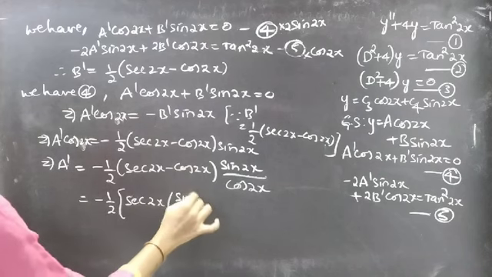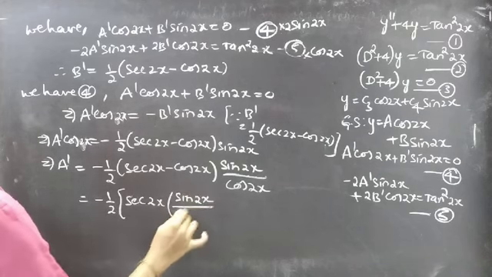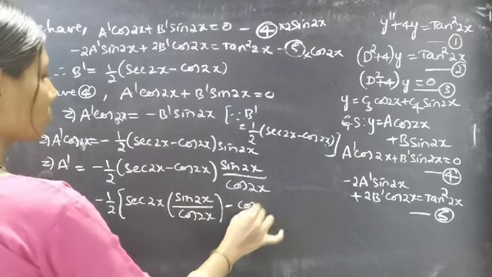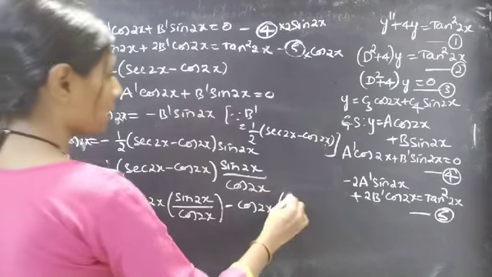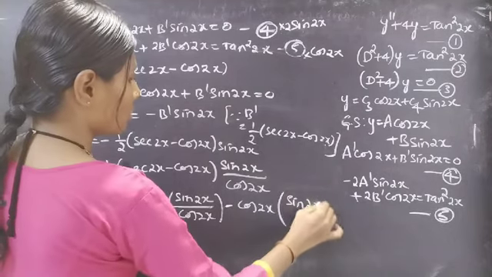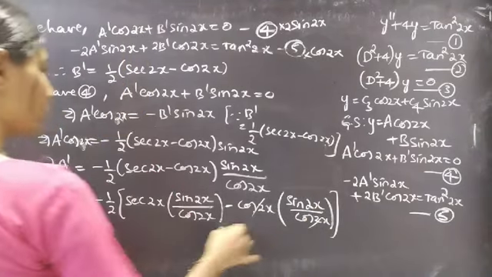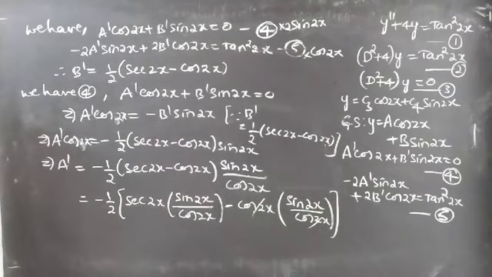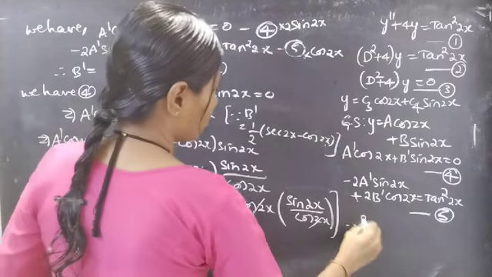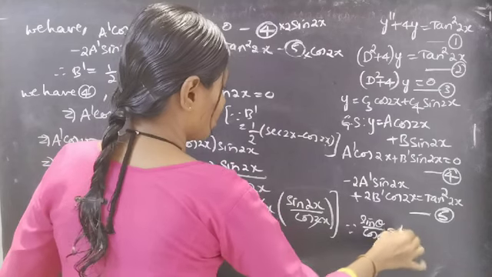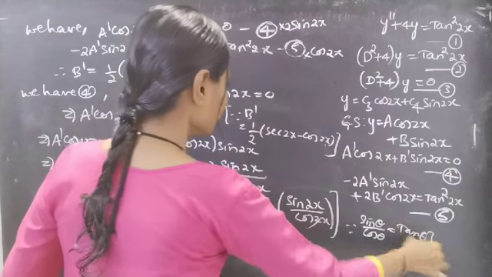which is equal to minus 1 by 2 into secant 2x into sin 2x by cos 2x minus cos 2x into sin 2x by cos 2x. In the second term, cos 2x gets cancelled, and here we can replace sin theta by cos theta with tan theta, since sin theta by cos theta equals tan theta.